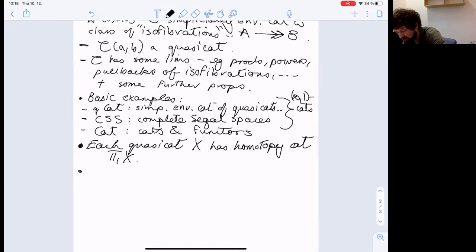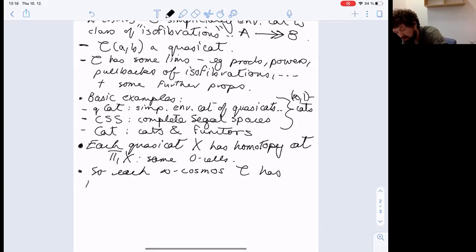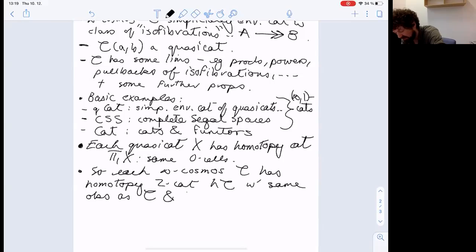It has the same objects, the zero simplices. It follows from this, basically, that each infinity cosmos C has a homotopy 2-category, which we can call HC, with the same objects as C. How do you define it on homs?